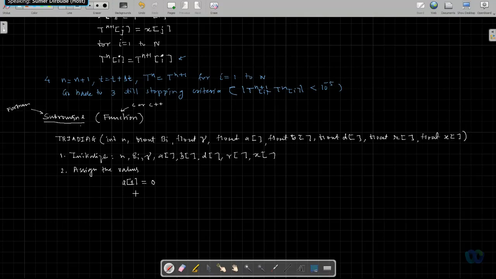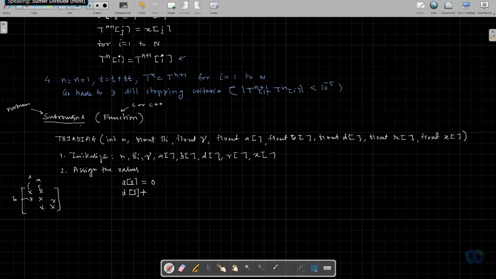So A1 is 0, then D1, you will have to store all the values. If this is the matrix and these values are there, you have to store these values. Okay, are you getting this? So this is A value, this is D value, and this is B values. All these values you have to specify.